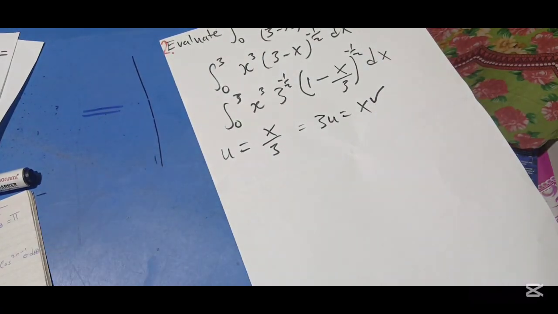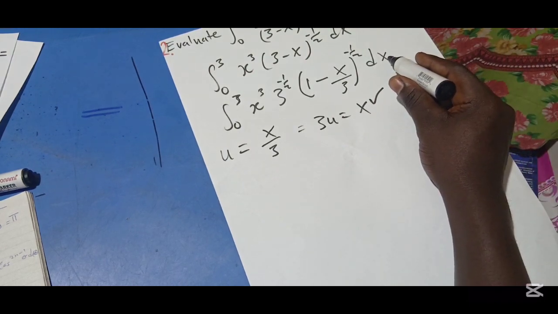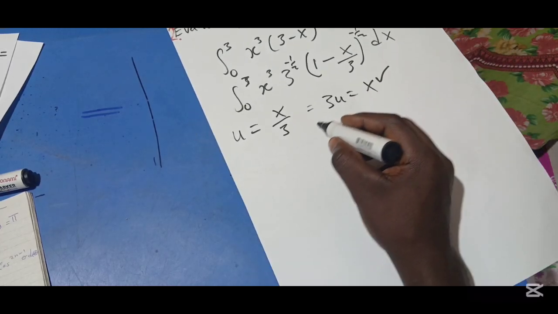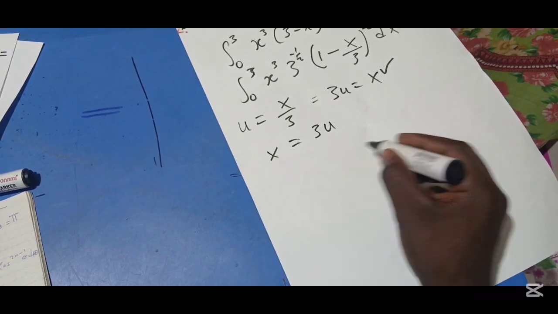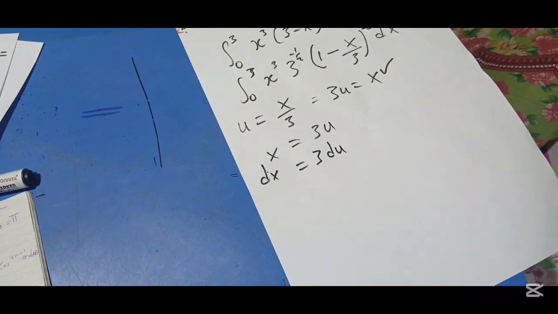What we should do next is look for our dx. Looking for the dx, we are going to use this term here. So we have x equal 3u, right?